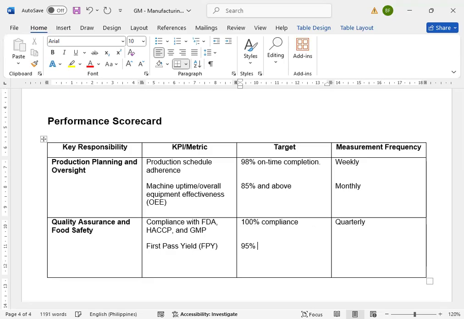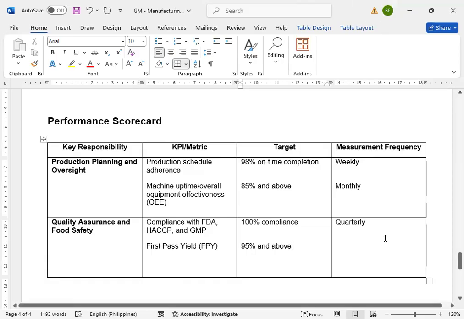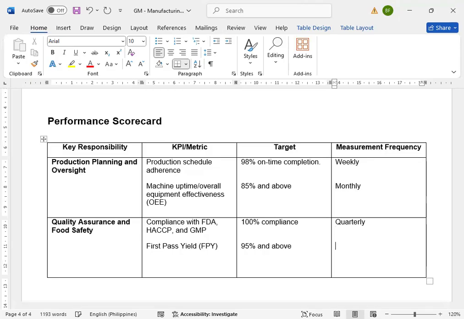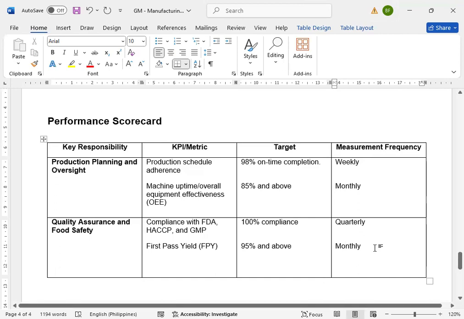That would be a realistic approach, or rather target. Okay, 95% and above. Okay, and this is going to be monthly. So this should be monthly.